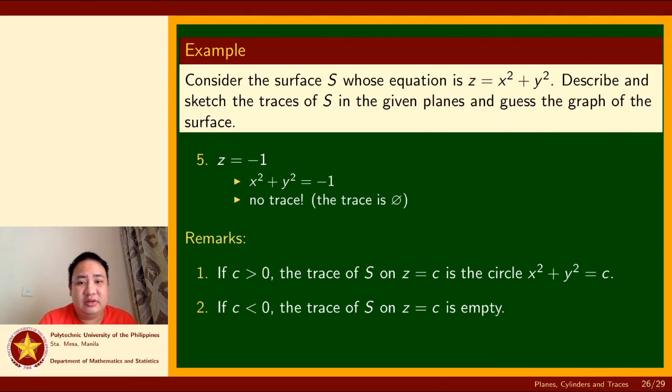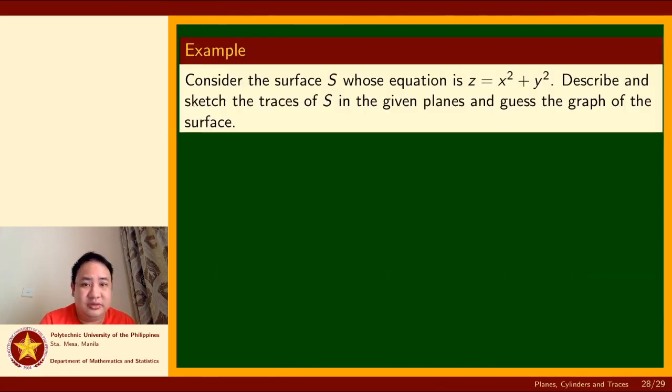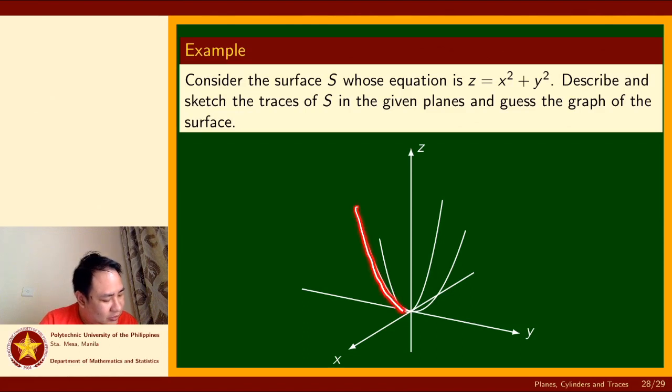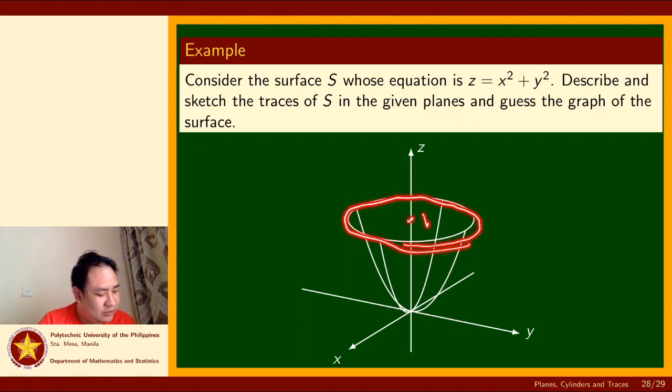Right? Now, putting these pieces together, we have the following conclusion. So, this is like the xy axis. This is the parabola that is our trace in the xz plane. We add the parabola that is our trace in the yz plane. This is that parabola, right? This is the circle that is your trace at z equals 1, so this is like the 1.